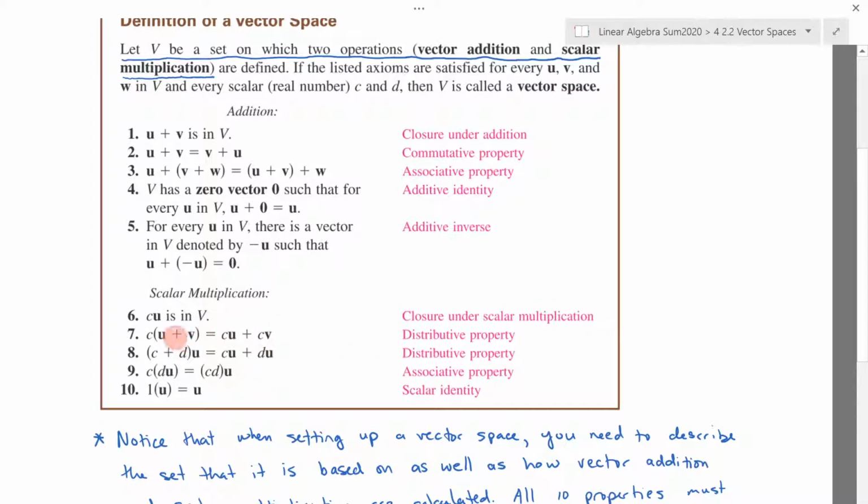So you can distribute a scalar over the sum of two vectors, or you can distribute a vector over the sum of two scalars. And then here's the associative property for scalar multiplication, and then the scalar identity says that if you take the number 1 and multiply by a vector, the vector stays the same.